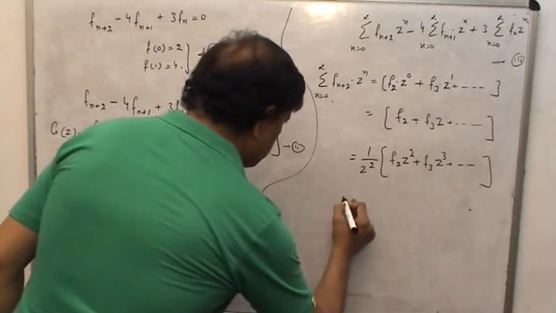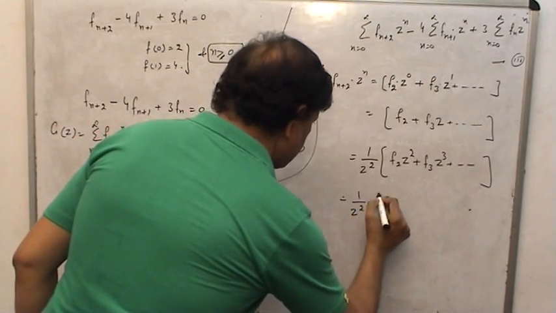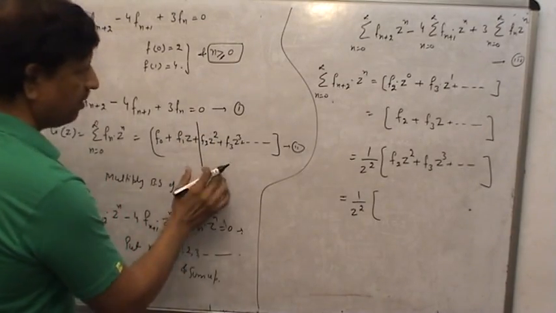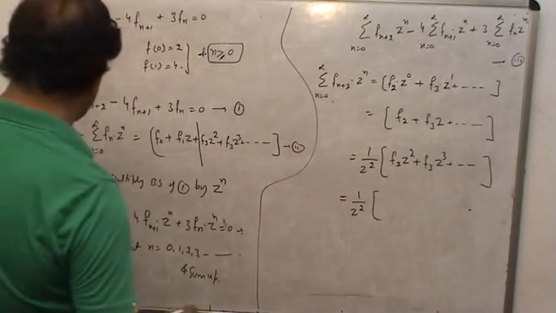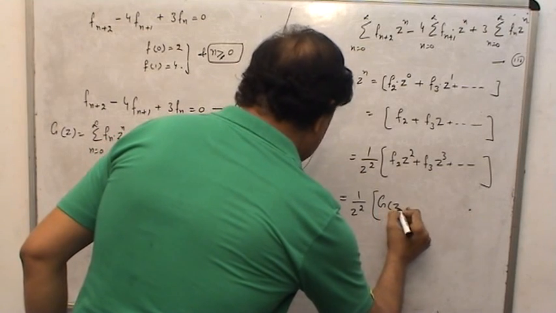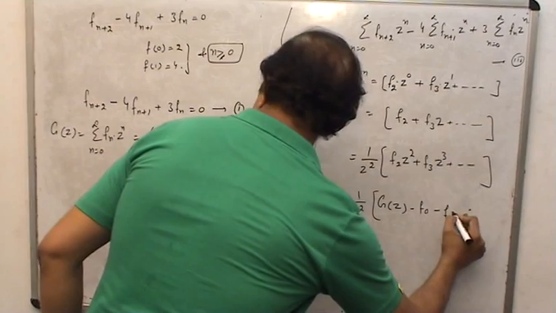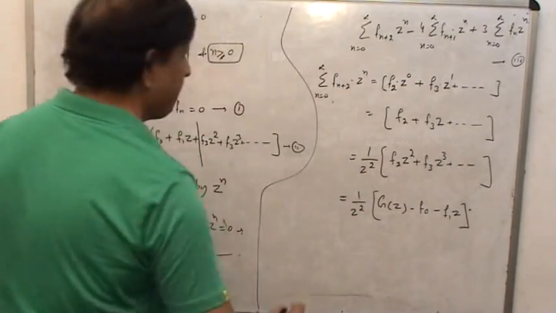That is equal to 1 by z square into, from the given, this bracket is equal to G(z) minus f0 minus f1 z.